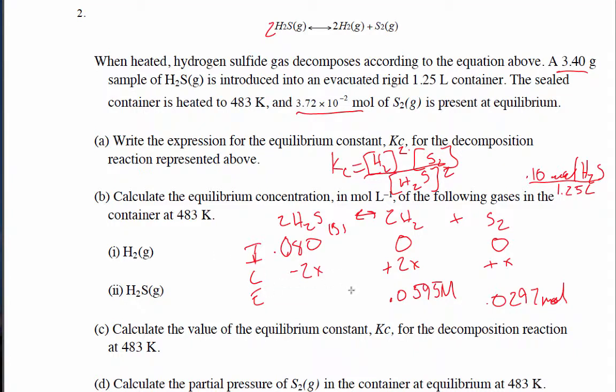Now, if this one changed by 2x and this value represents 2x, all I need to do is subtract 0.080 minus 0.0595. And when I do that, I'm going to end up with a value of 0.0205.